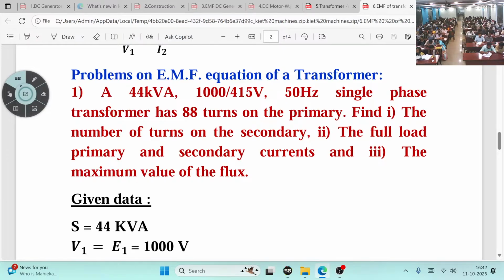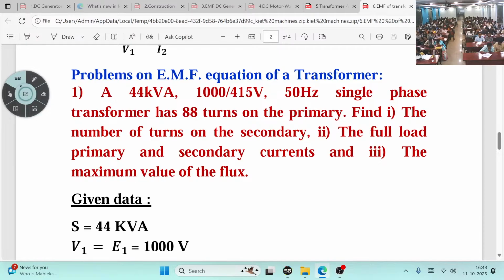Now my question, kindly give the answer tomorrow. If I connect DC to the transformer, DC voltage I am connecting now, not AC, what happens? Can I connect DC to the transformer?